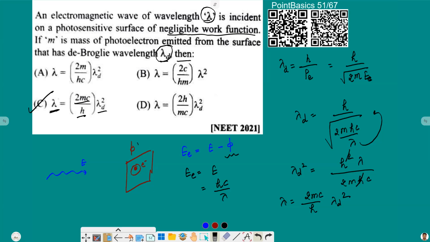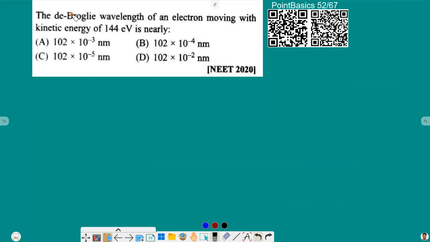Let's move to the next one. Here we need the de Broglie wavelength of an electron moving with kinetic energy 144 electron volt, nearly. For that we can use the relation lambda is equal to hc by E, which can be written as 1240 electron volt nanometer divided by the energy given here, 144 electron volt.